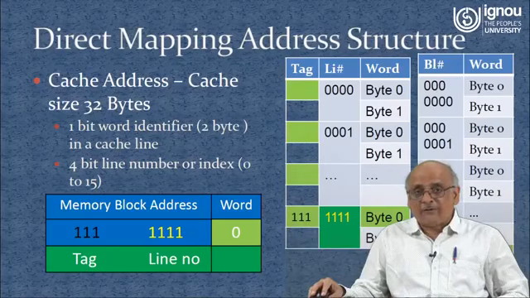Just extending the discussion we had about the team and the meeting: the cache line, or the index, goes from 0000, 0001 up to 15, so 0 up to 15. Basically, we are using a modulo 16 function.